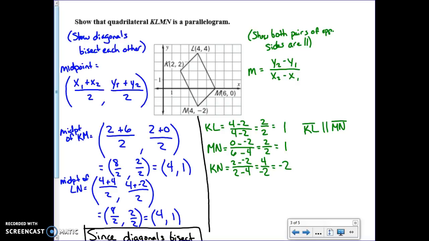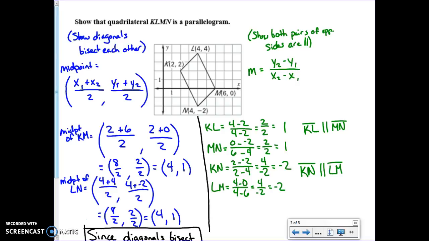Okay, then let's try LM. So I have 4 minus 0 for my y's, and then I have 4 minus 6 for my x's. So 4 minus 0 is 4, 4 minus 6 is negative 2, 4 divided by negative 2 is negative 2. So here, KN is parallel to LM.